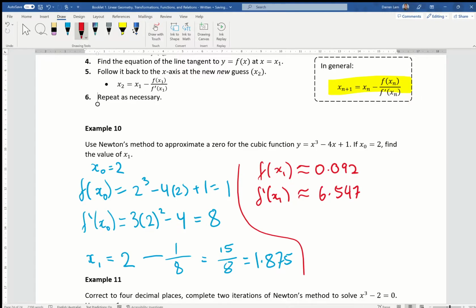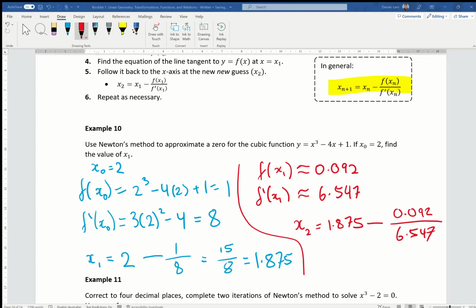So if we put it into the formula, x2 would equal xn, which in this case is x1, which we know is 1.875, minus the first value, which is 0.092, divided by our bottom value, which is 6.547. Any questions of where these numbers come from?